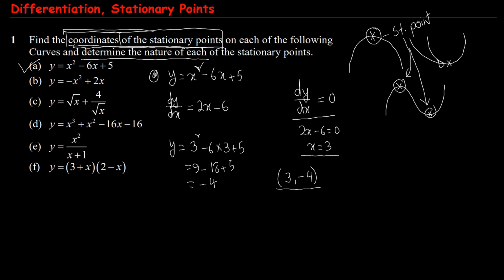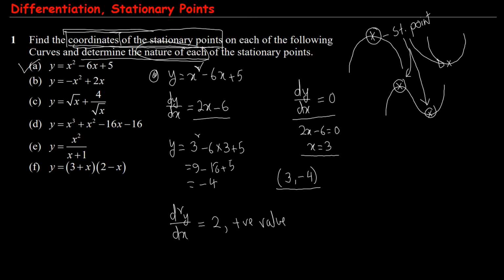Now we are going to see the nature of the stationary point. For doing that we have to differentiate a second time, d squared y by dx squared. We have the expression 2x minus 6. If I differentiate it again, we get the value 2, which is a positive value.